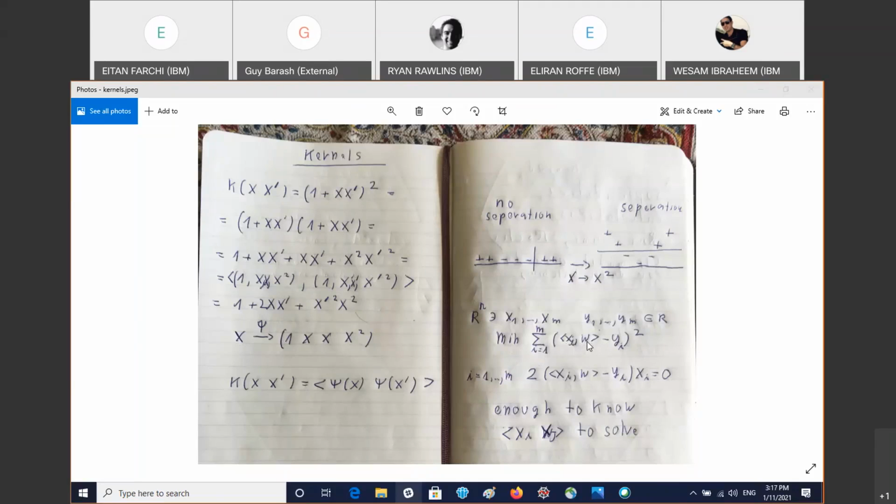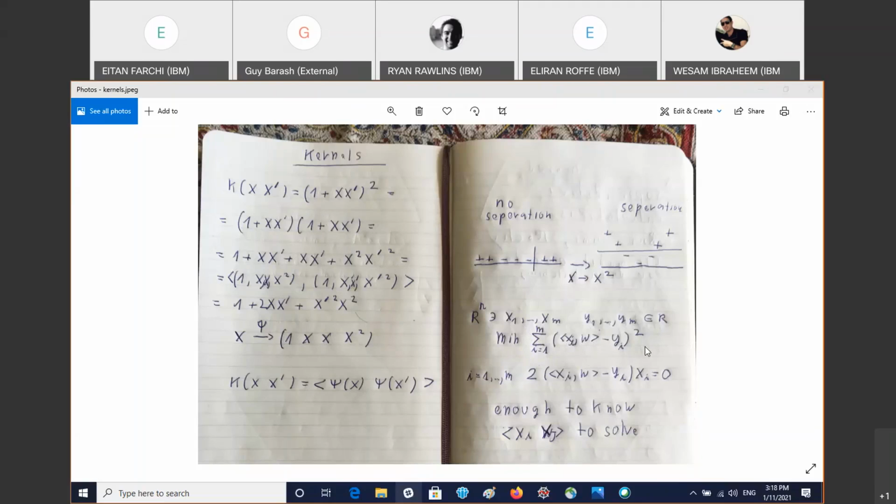W is the coefficients I'm trying to find so that this entire sum is minimal. I'm basically taking the scalar multiplication of W and Xi, and then I subtract Yi and I take the square. This is the error that I have for each point in the data set, and I take the sum and I want to minimize that.